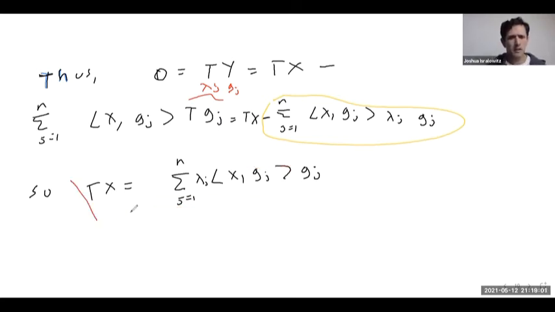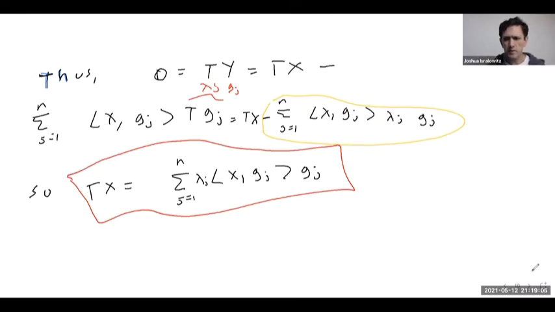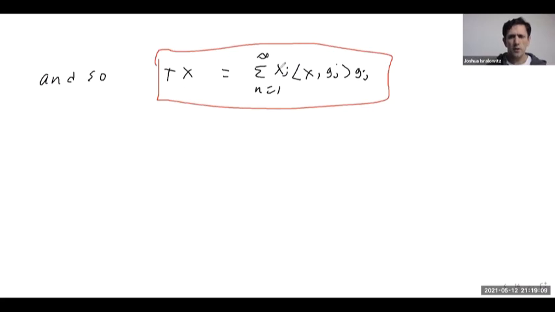And in case 2, we've shown, again, it's diagonal with respect to this orthonormal set. So now we're almost done. The only reason why we're not necessarily done is because we don't know if the g_j are an orthonormal basis.